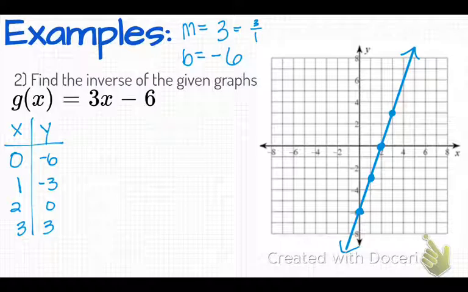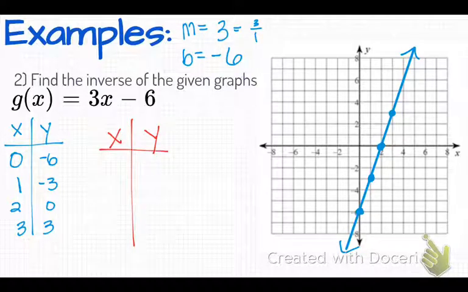Okay. Now I'm going to do my next table in red because this is going to be my inverse. Can I have a volunteer to tell me what is my first new point? Negative 6, 0. Helene, you want to do the second one? Negative 3, 1. Okay, what is the third one? 0, 2.